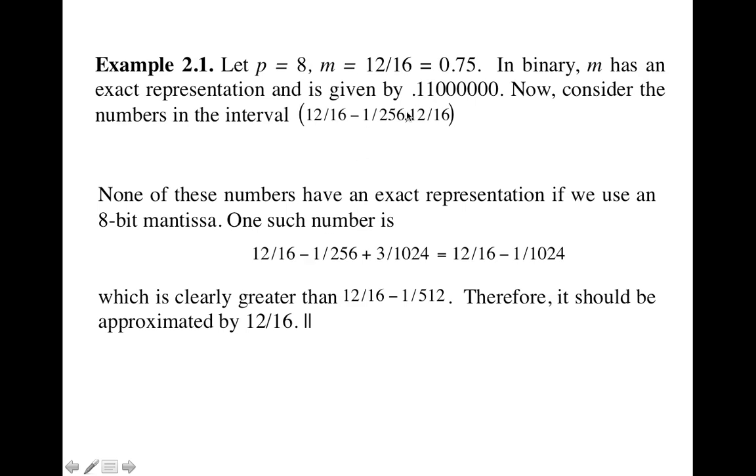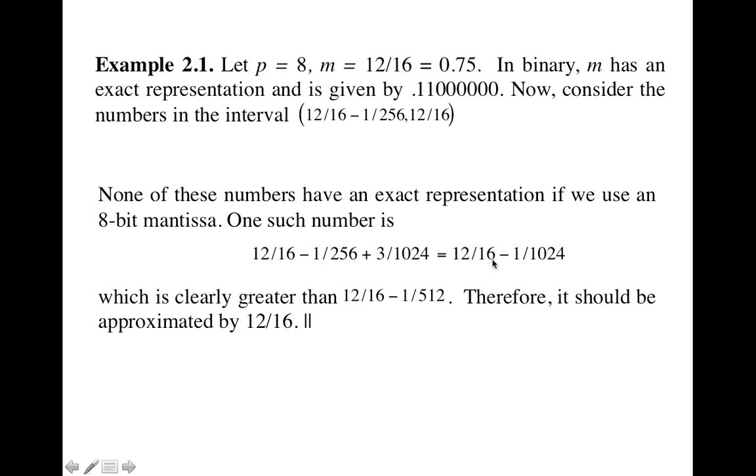Now let's take such a number, something that we add to the lower bound that will still be less than 12 over 16. That would be the case if you add 3 over 1024, because 4 over 1024 would have made the difference 0. So 3 over 1024 keeps it less than 12 over 16. It's a little more than the lower bound, but still less than 12 over 16.